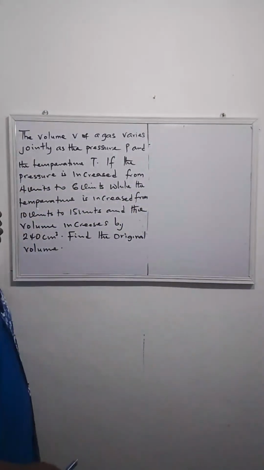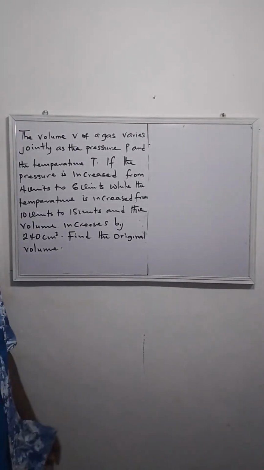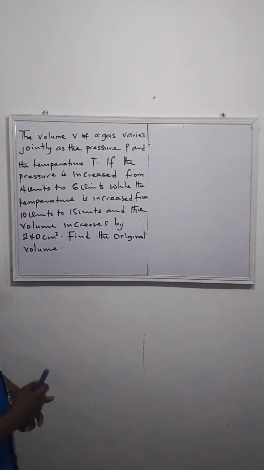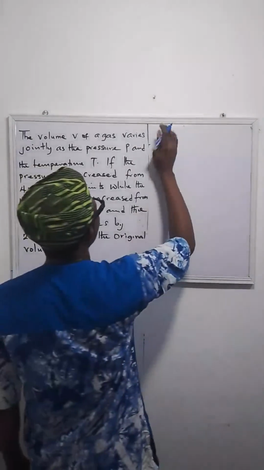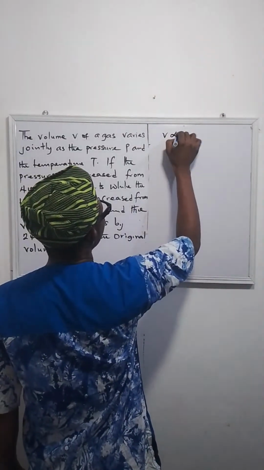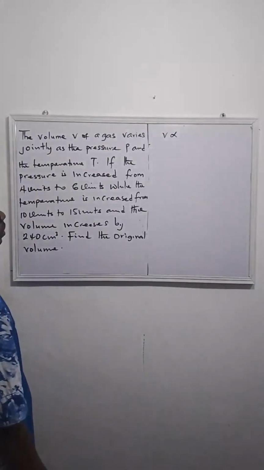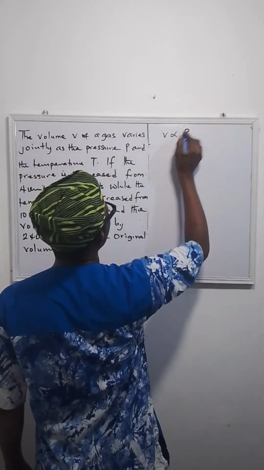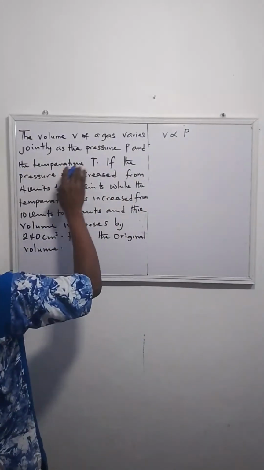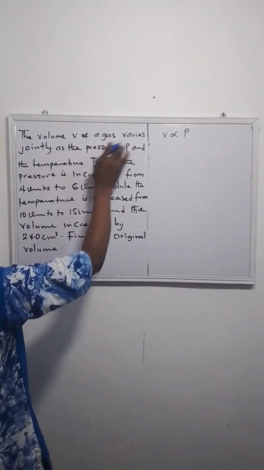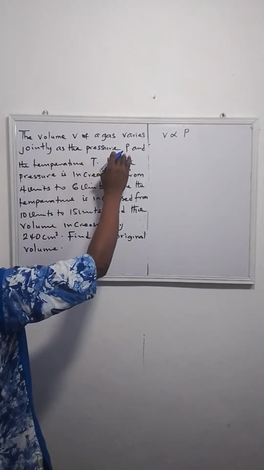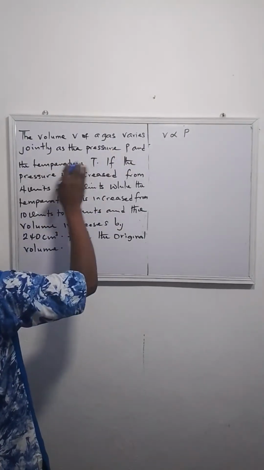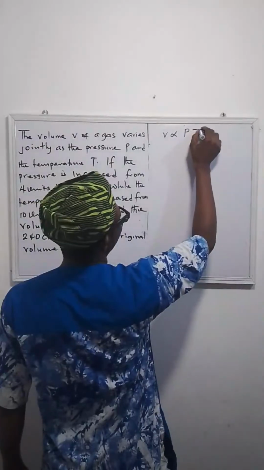Okay. Now the first thing is to write out the relationship between the variables. Now we have V varies jointly as pressure P and temperature T. So we have it this way.